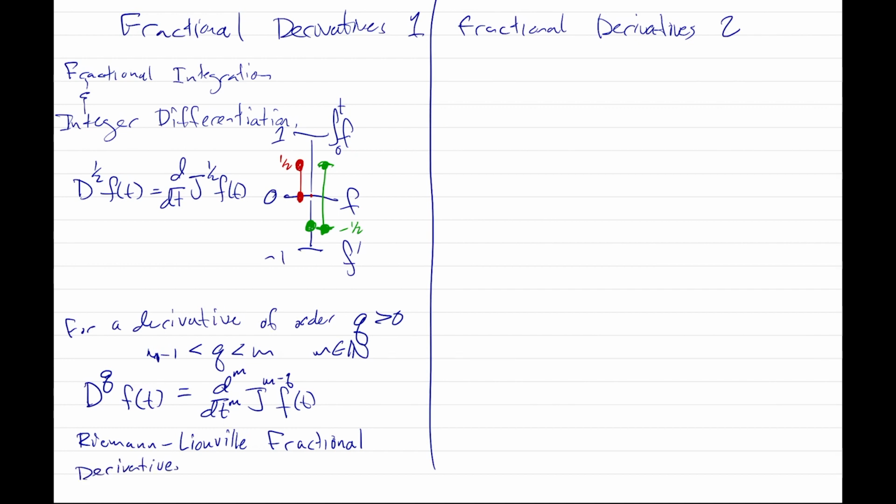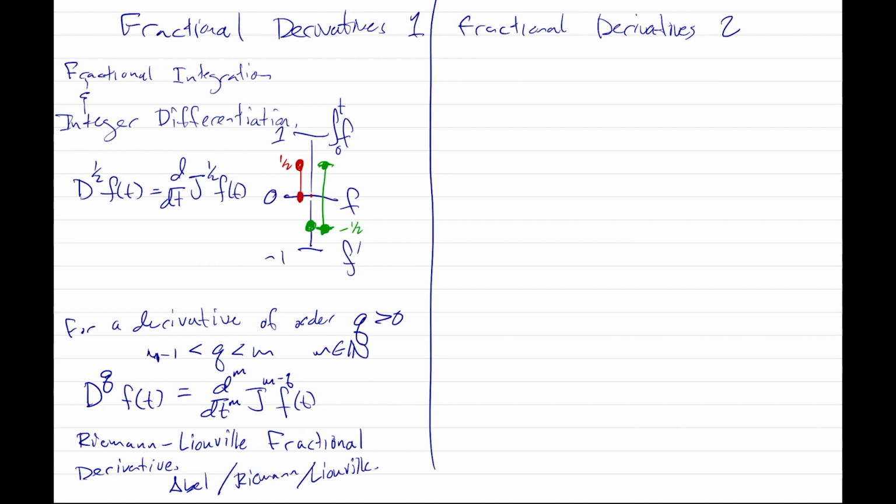This was studied by Abel, Riemann and Liouville back in the 1800s. It wasn't until later that another fractional derivative came about, and this one ended up being a lot more applicable to engineering or physical applications.